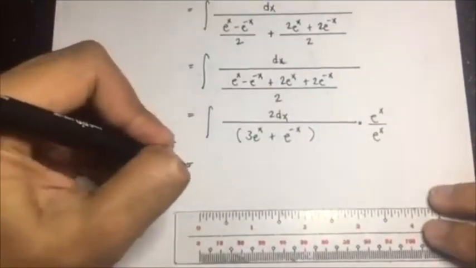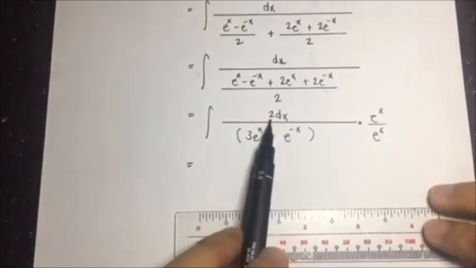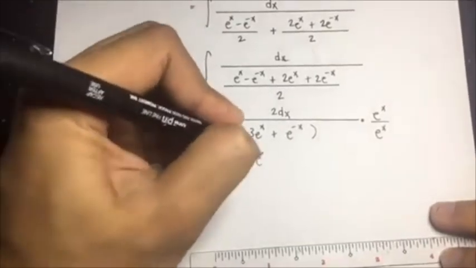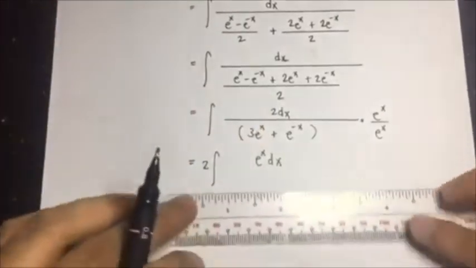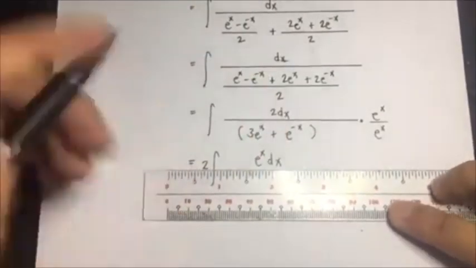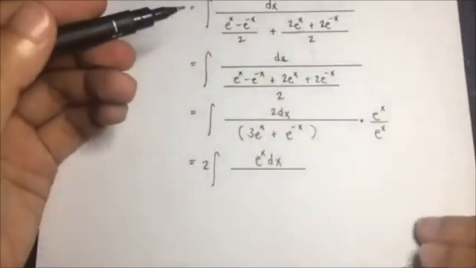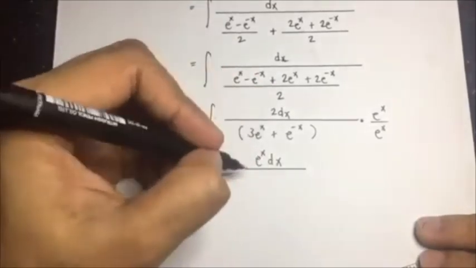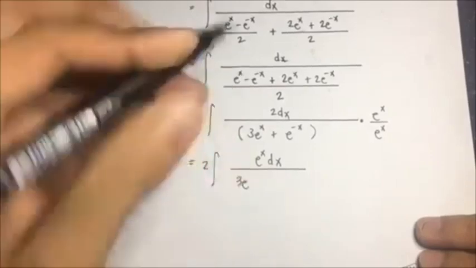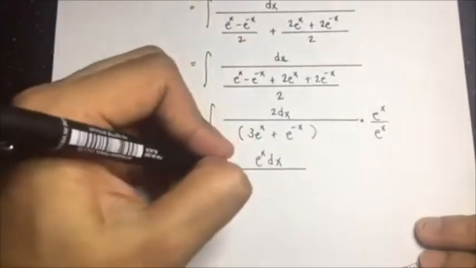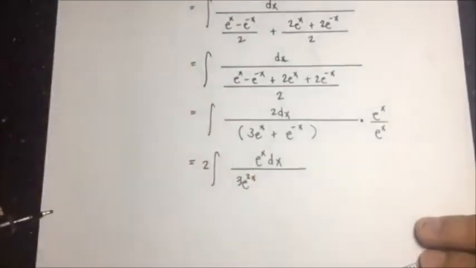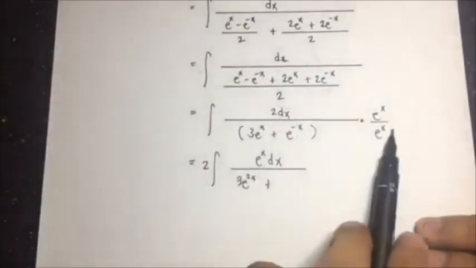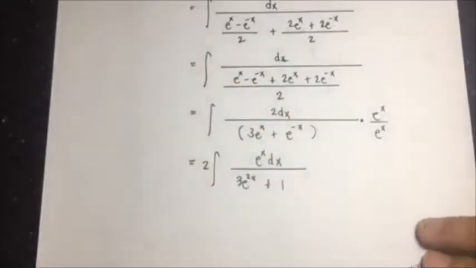We can take the numerical coefficients outside the integral sign, so this will become 2 integral of e to the x dx over 3e to the x times e to the x, so it will become 3e raised to 2x, plus e to the negative x times e to the x, that will become 1.